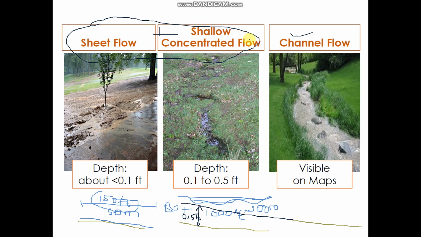Okay, so in that case we can apply this combination of sheet plus shallow concentrated flow. In case of large watersheds or a basin, say 50 square kilometers, a medium sized watershed, we have to apply the sheet flow plus shallow concentrated flow plus channel flow.